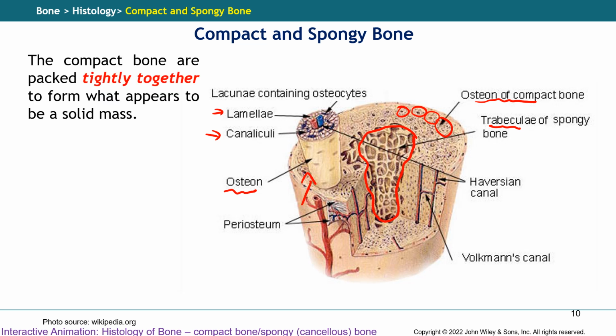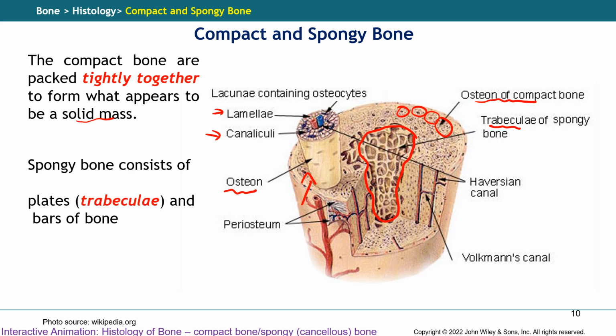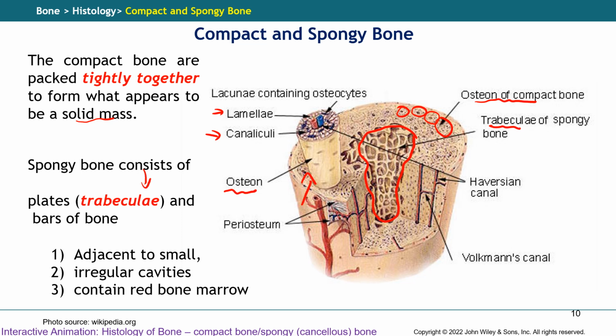So again, no need to focus right now on all the names. What I want you to remember is that the osteon is the structural unit of the compact bones, and all of them are tightly together to form what appears to be a solid mass. And remember that the spongy bone is formed by these trabeculae, and the trabeculae are just small and irregular cavities that contain the red bone marrow.